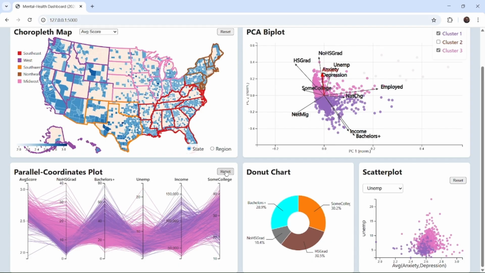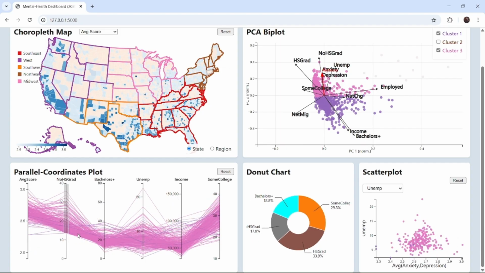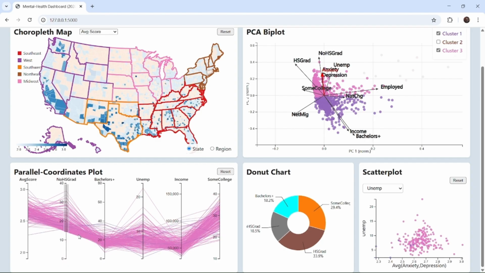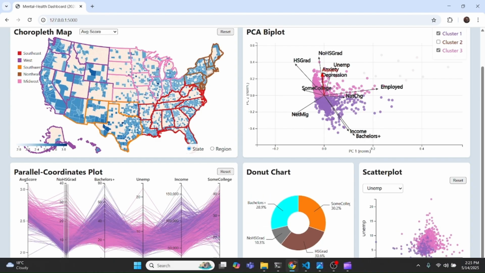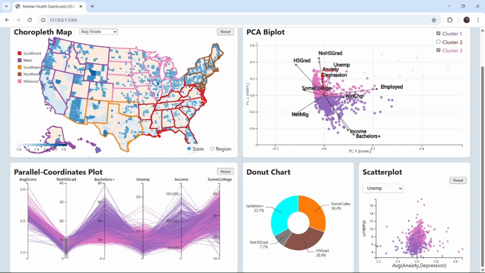We can also look at no high school grad variable because this is the most correlated with the average score. And if the percentage of population that don't have a high school degree is, let's say, 15 to higher, they tend to have a higher average score. And if we go lower, that's where, of course, the bachelor's degree increases since no high school degree is low.